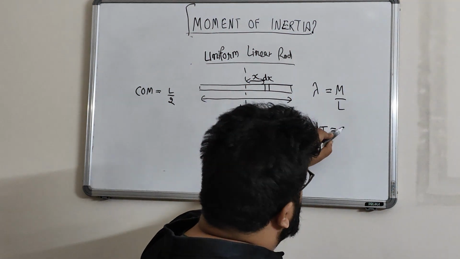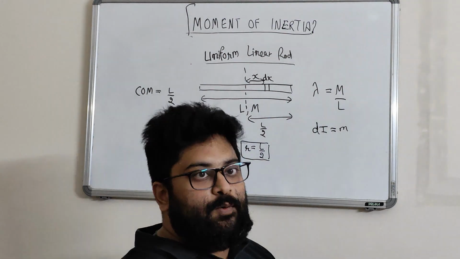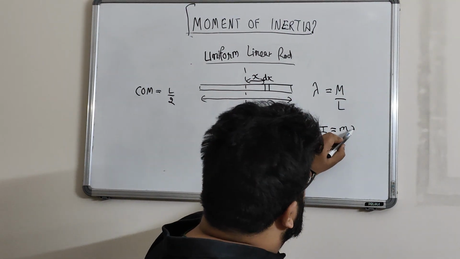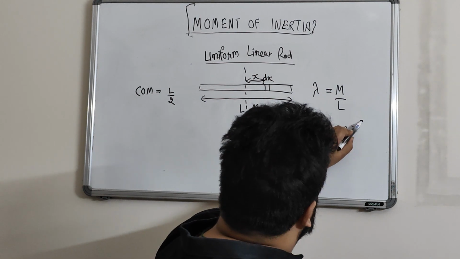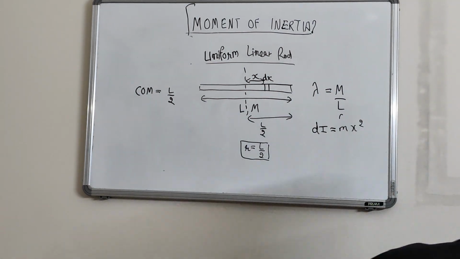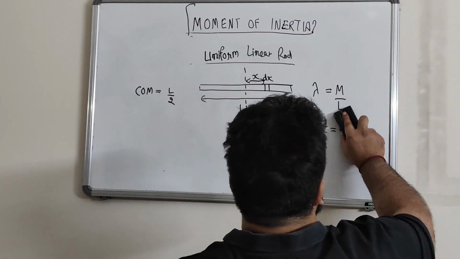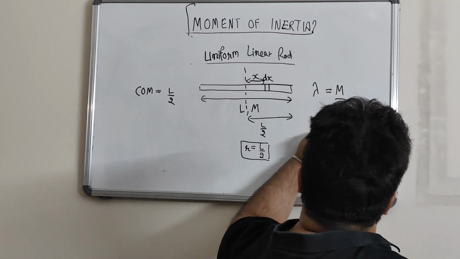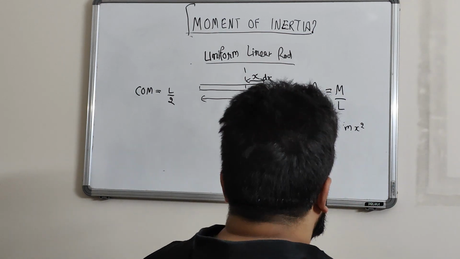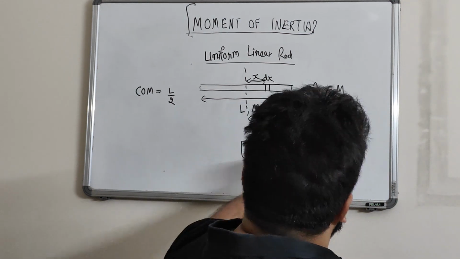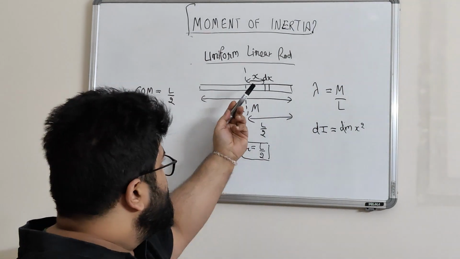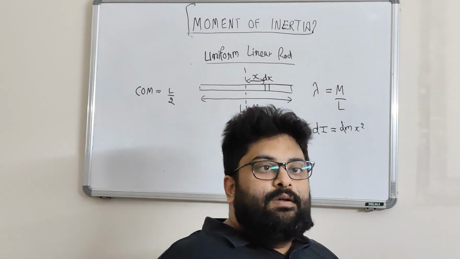Because this is a particle, if you recall the formula, it's mr square. So the distance is x, and the mass of this point mass will be dm.